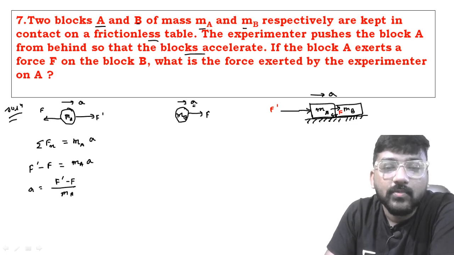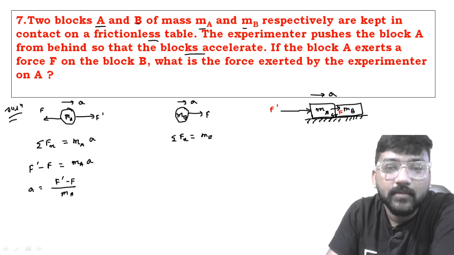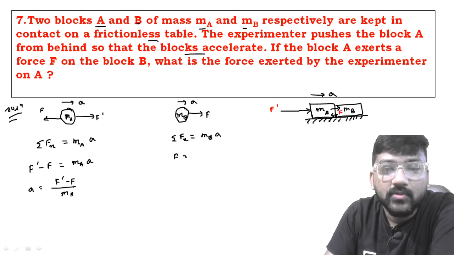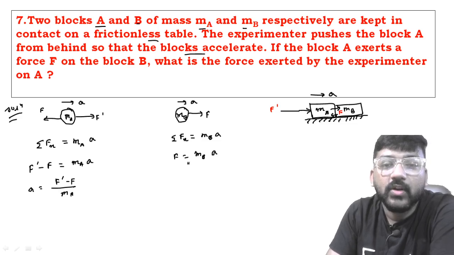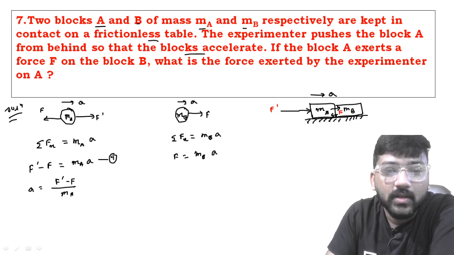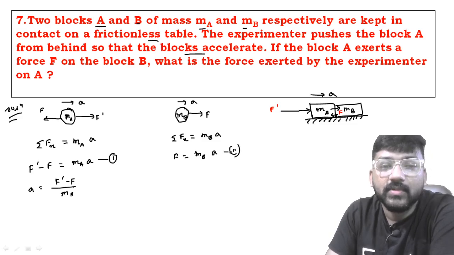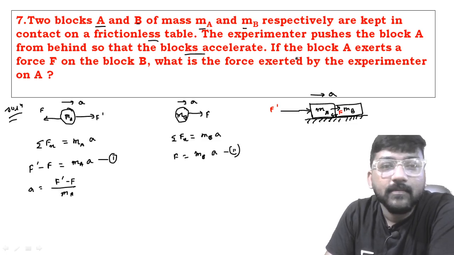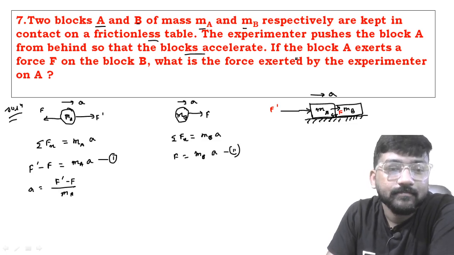And if you see here, the only force is F. So summation Fx equals mb into A, which gives F equals mb into A. But what you need is F dash. Let us suppose this is your equation 1 and this is your equation 2. Here F is given, but you need F dash. So you can substitute this value from equation 2 here.